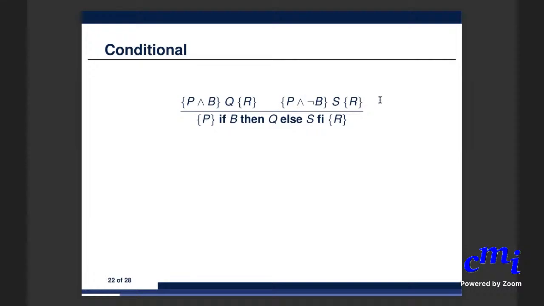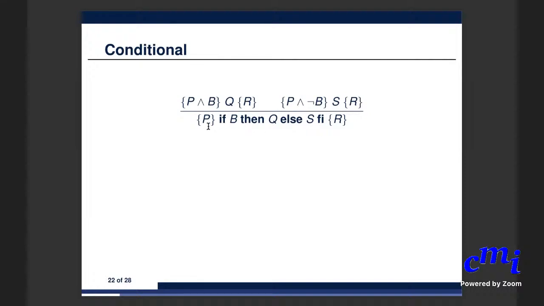Under these two conditions, it is guaranteed that if I execute this if-then-else composite command, starting with P, then R will be true. Okay, then I'm in the post state.